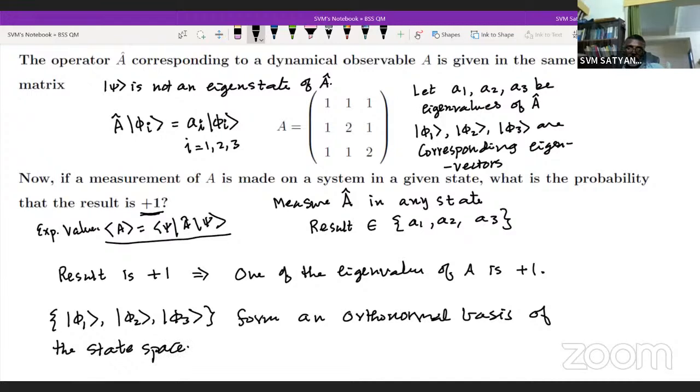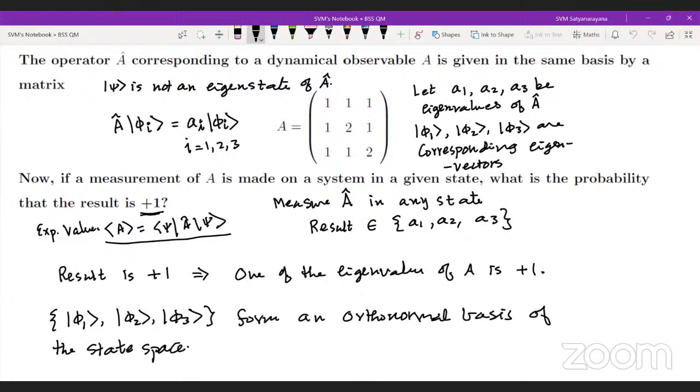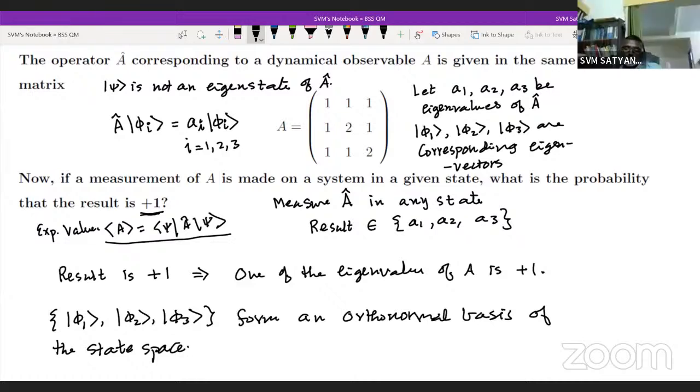Eigenstates of any Hermitian operator, any observable, have this property. These are eigenstates of A, and A is an observable, hence they form an orthonormal basis. Are you familiar with this? Yes, sir.